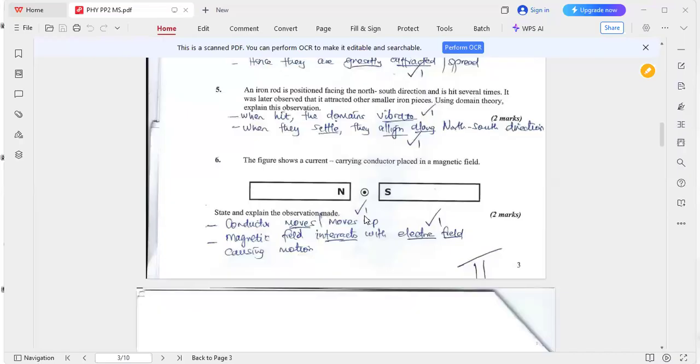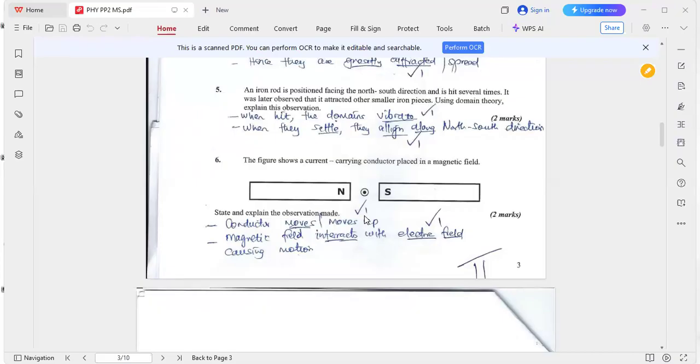So using Fleming's left-hand rule, we need to know the direction of motion of that conductor. Field from north to south, current out of the paper, we can see that the thumb points upwards. So the observation is the conductor moves up.